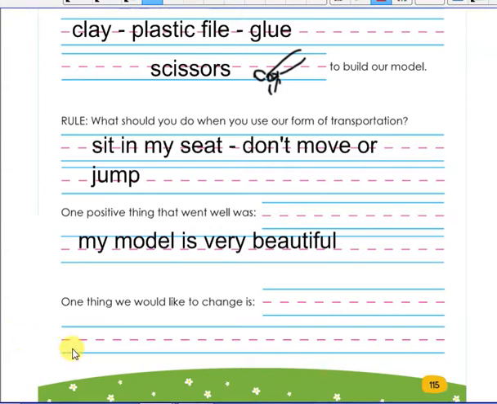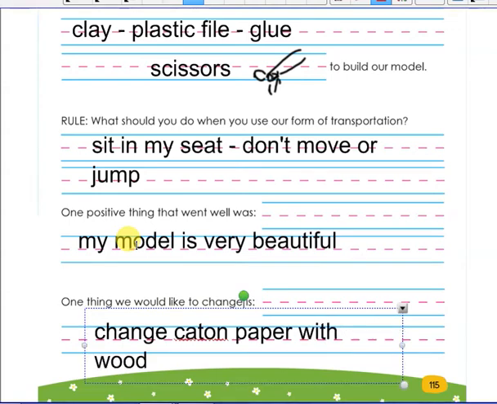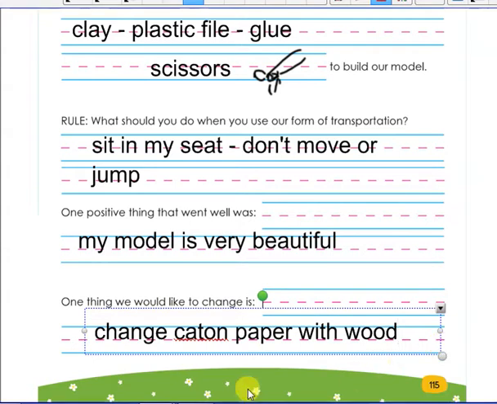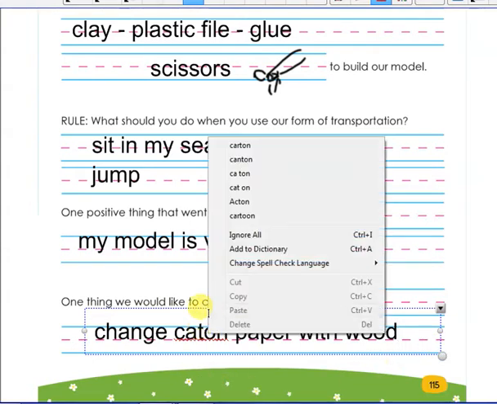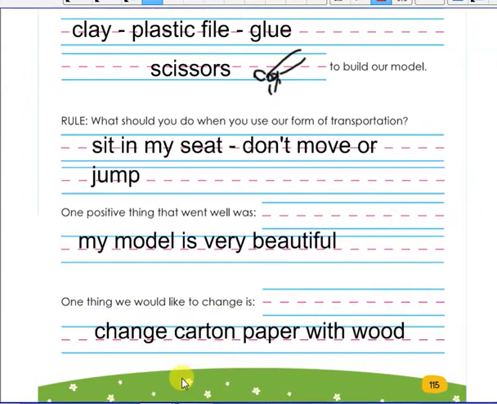So we can change our model with wood. Change carton paper with wood.